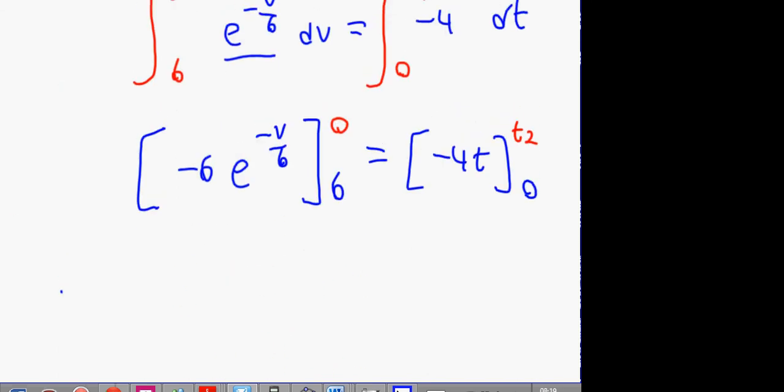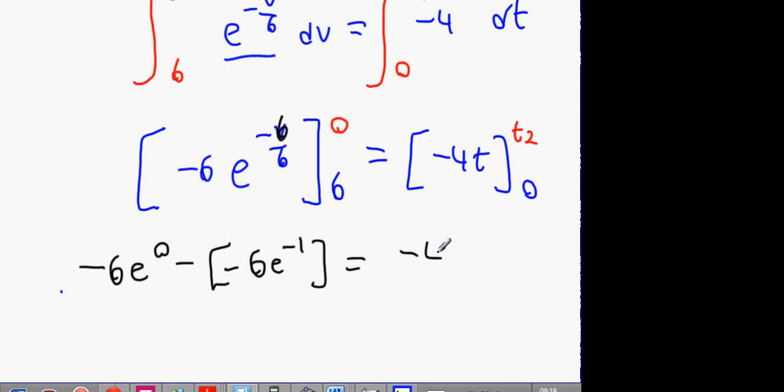Okay? So what's going to happen here is we're going to get -6 e to the power 0 minus -6. It's still e to the -1 like it was last time, because if that's a 6 then it's -1. Close it, equals -4t2, and then that's going to be -6 because e to the power 0 was 1.